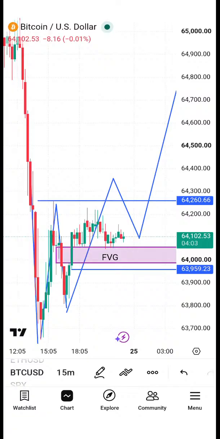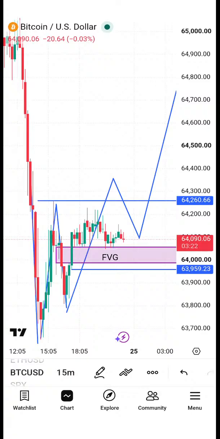Where I am, it's 10 minutes past 1 a.m. What time is it where you're watching? Where I am, it's 1 a.m. and I'm busy monitoring Bitcoin, waiting for a breakout.